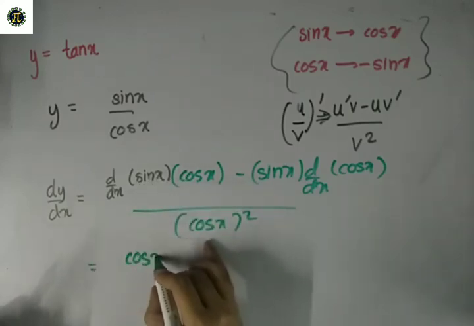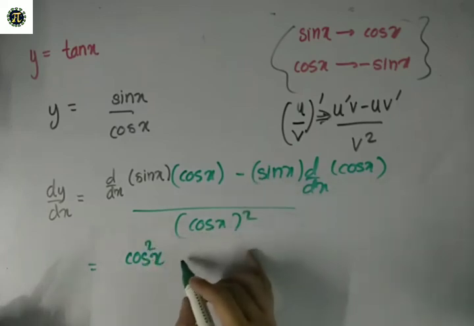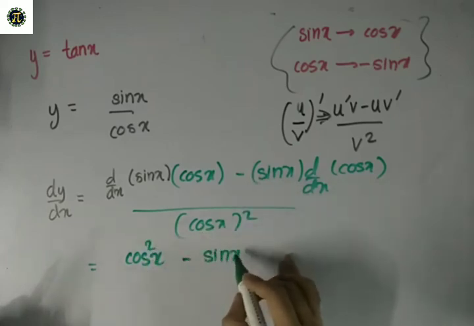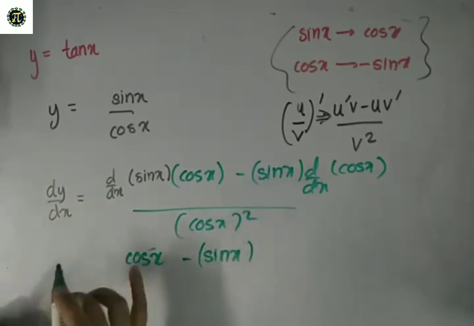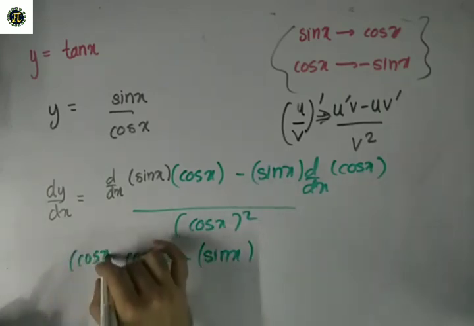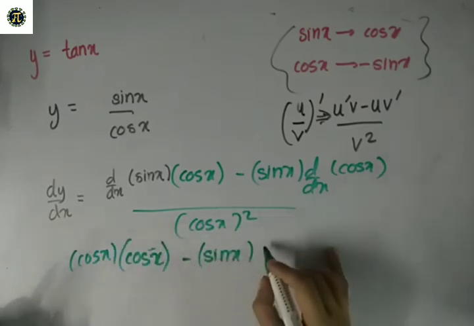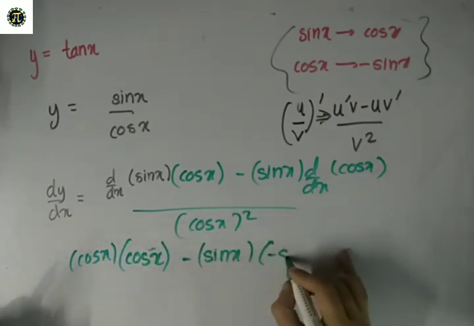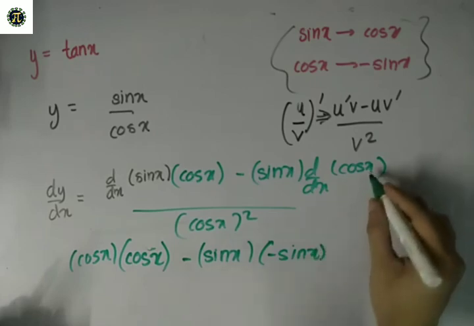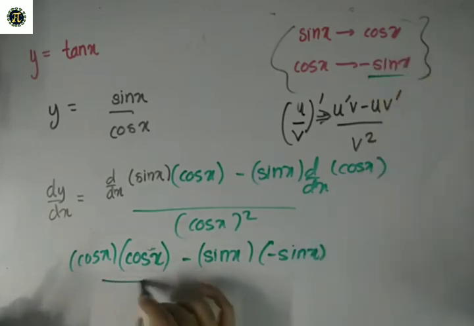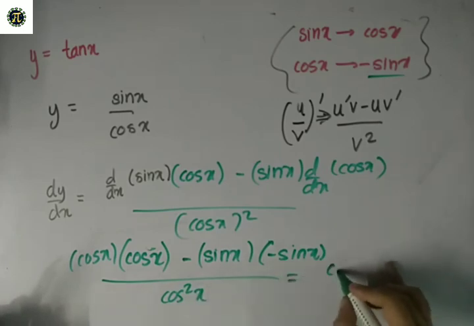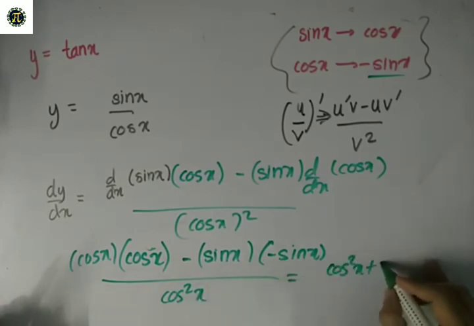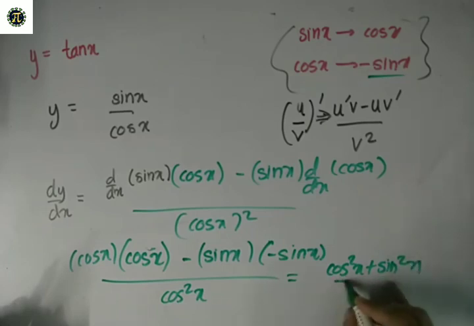So what we have is sin x differentiation is cos x, so cos x into cos x, that is cos square x, and minus sin x into differentiation of cos x is, let me use the expanded form first, cos x into cos x minus sin x into minus sin x, right? Because cos x has a differentiation of minus sin x, you can see it here, divided by cos square x. So at this time in the numerator we get cos square x plus sin square x by cos square x.